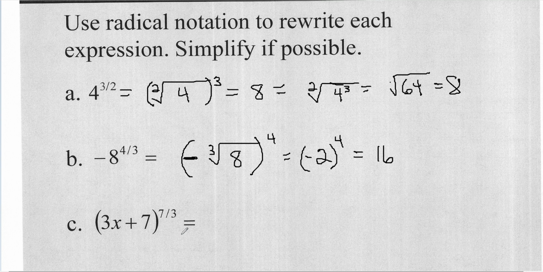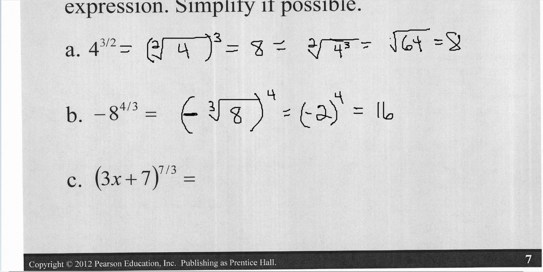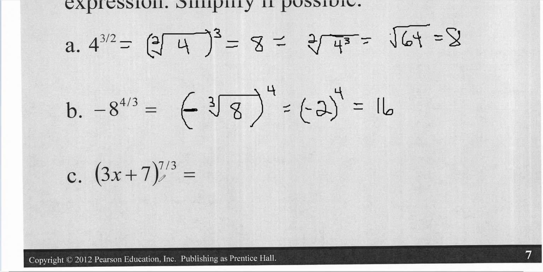And another one will be, oh, this looks different. What do you think about this? So I've got 3x plus 7, and that's underneath the radical sign. The index is 3, and all of this is raised to the 7th power.